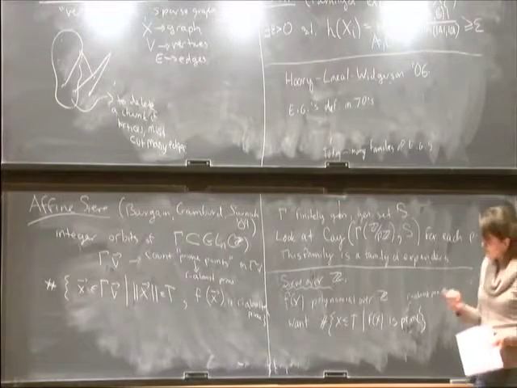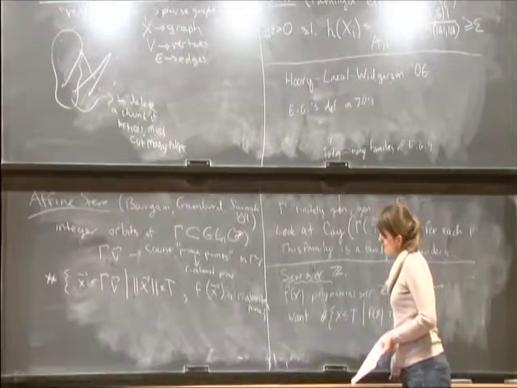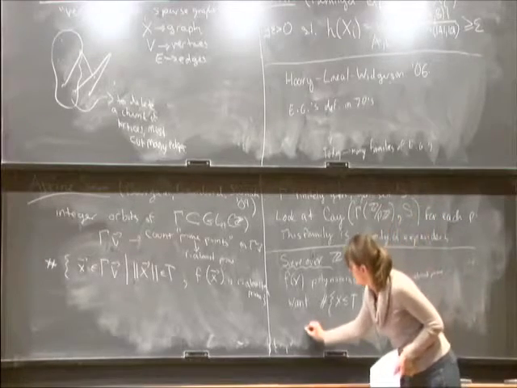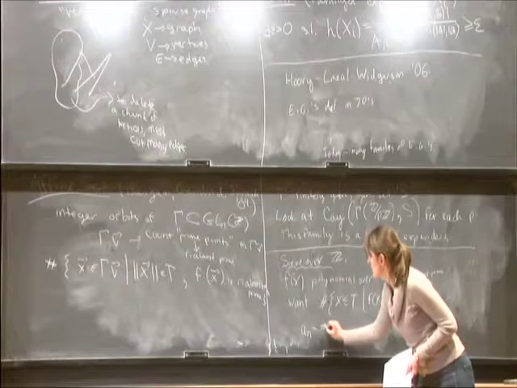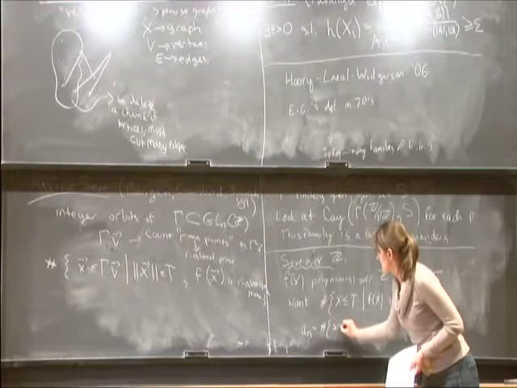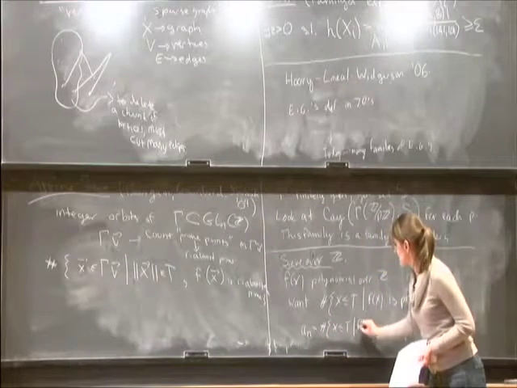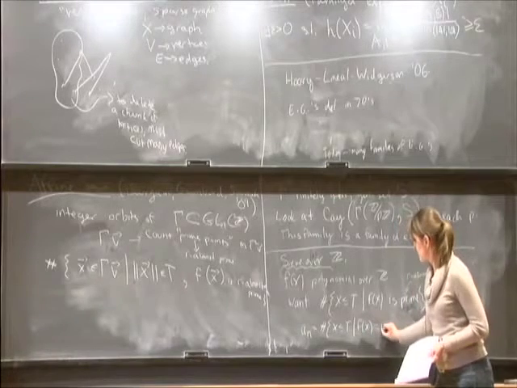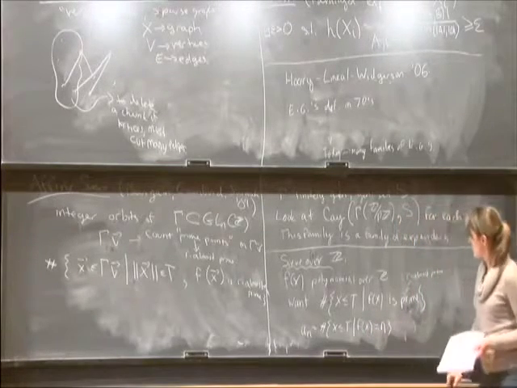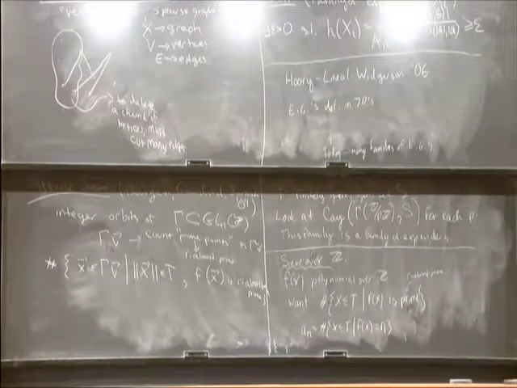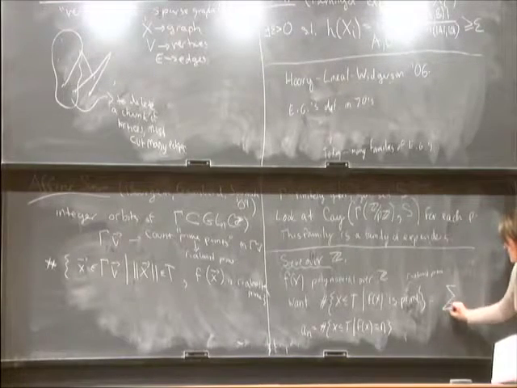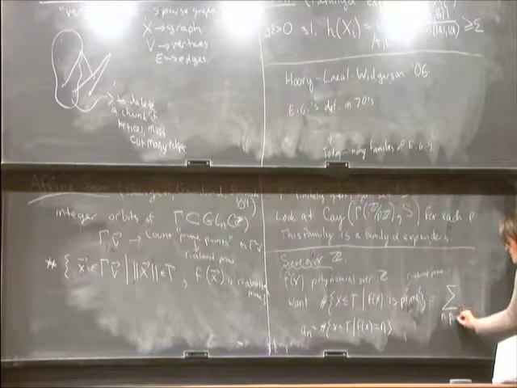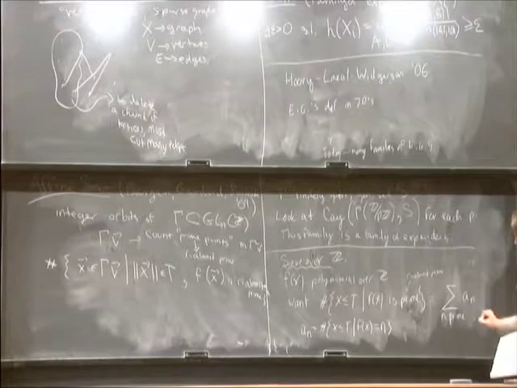Okay, so how do we go about doing this? Well, we consider a sequence a_n, which is going to be the number of x less than or equal to T such that f(x) equals n. Okay, so then what is it that we want to count? Then this is just going to be equal to the sum over n prime of all the a_n's, right?